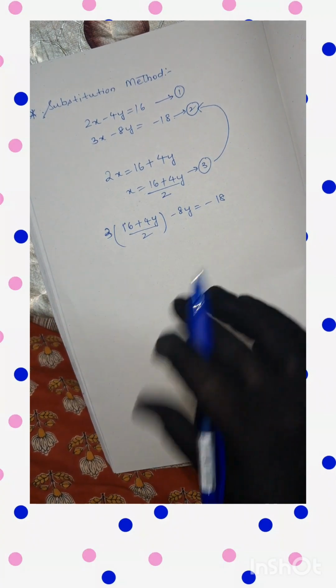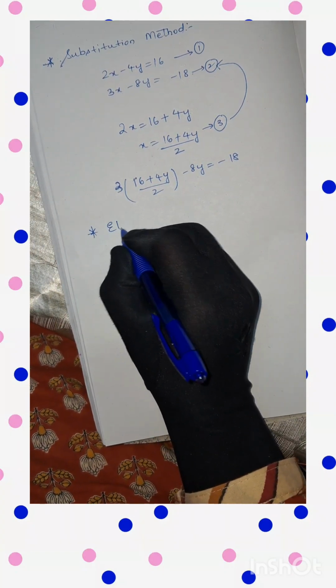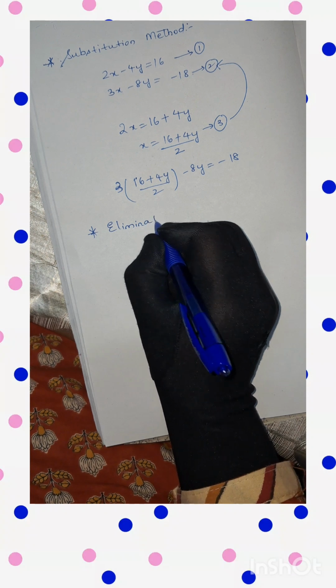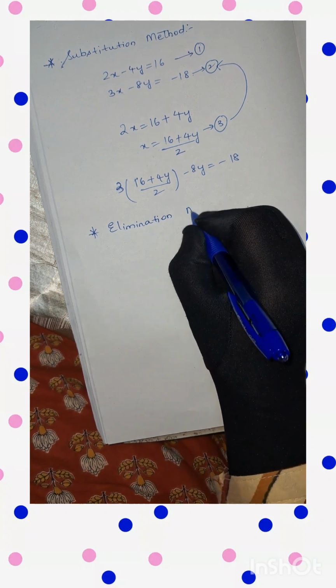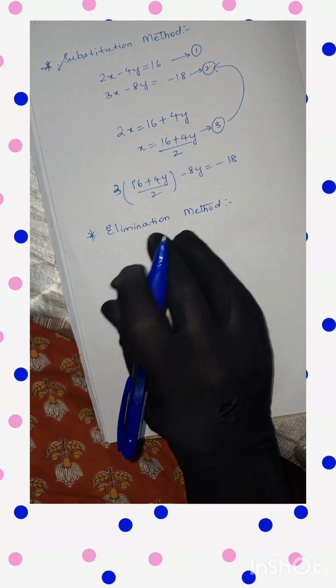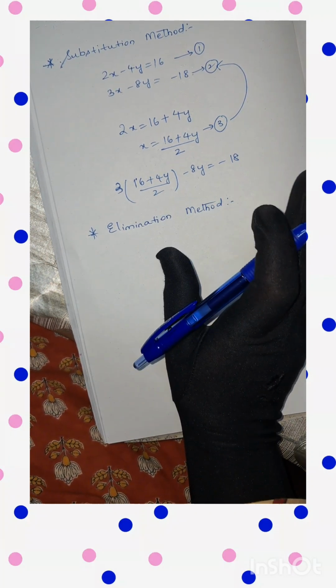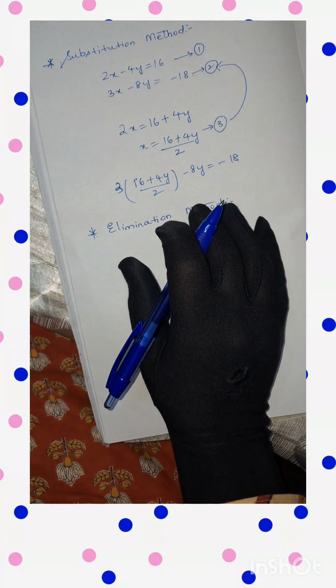The third is the elimination method. In the elimination method, we first try to eliminate one of the two variables, reducing the system to an equation in one variable. Then we solve for the variable.